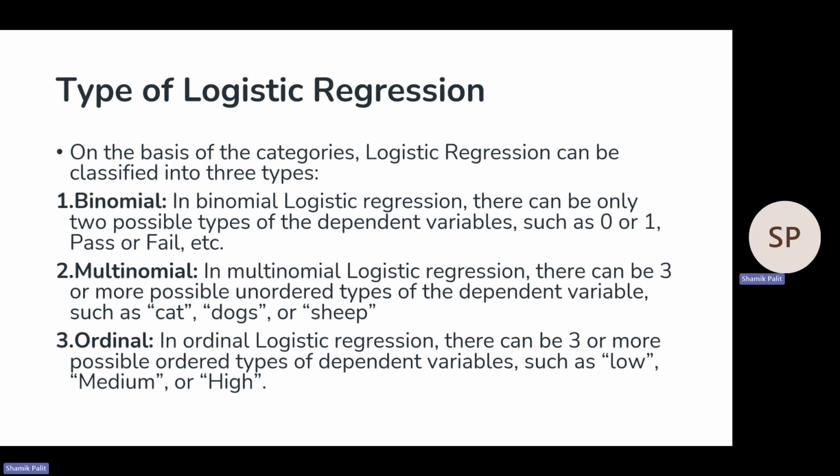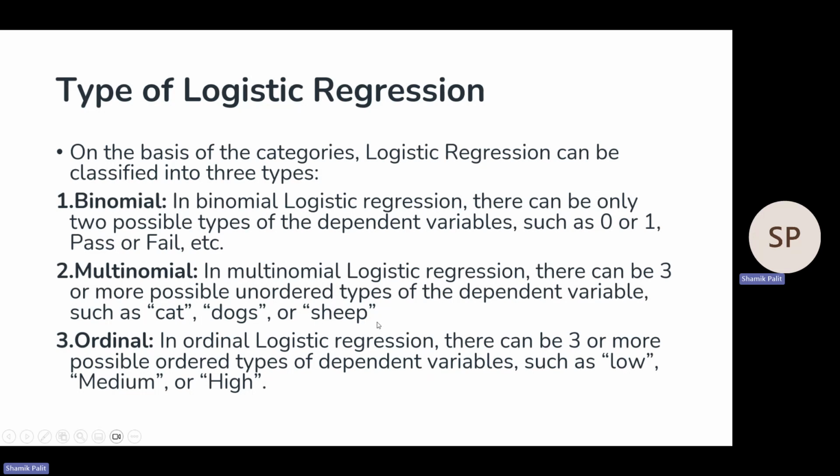For multinomial, there can be more than two values, as you have seen in this specific example, where we have considered three different categories. This is an example of multinomial regression, where we can have unordered dependent variables and represent them in the following way.